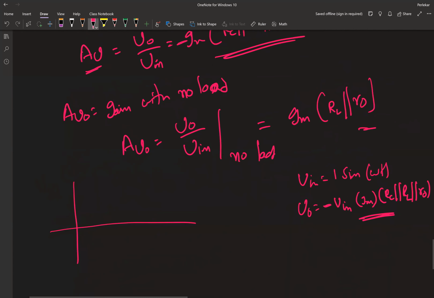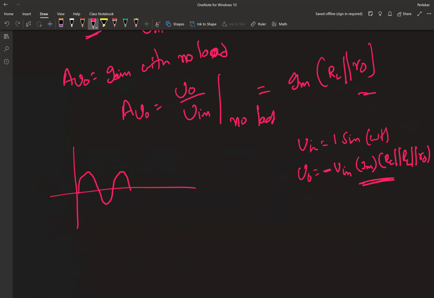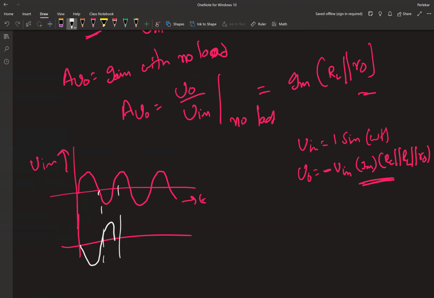So if your input is something like this, 1 sine omega t, my output, where this is time, that's my input signal. My output signal is going to be inverted, something like this, but it's 100 times, or whatever that magnification factor is. Based on that, you can tell.